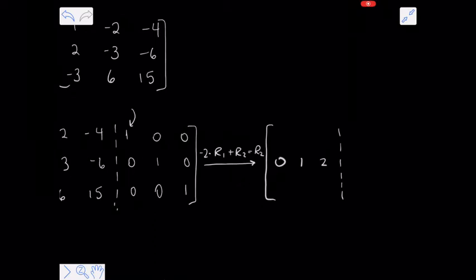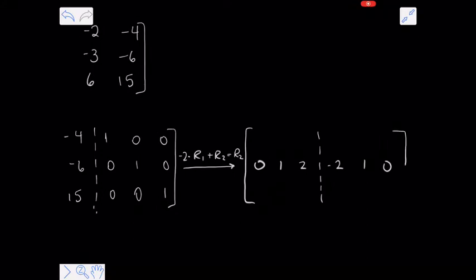So now I do -2 times 1, which is -2, and then -2 plus 0 is -2, and then -2 times 0 is 0, and then 0 plus 1 is 1, and then -2 times 0 is 0, and then 0 plus 0 is 0. So there's my first row operation.